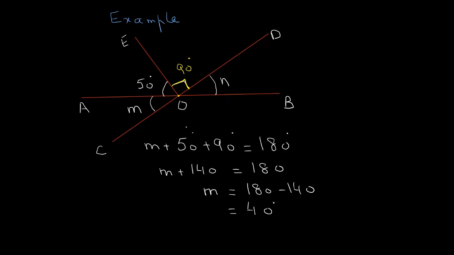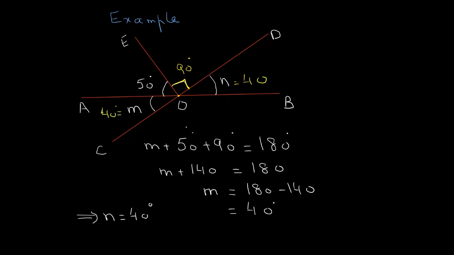Now please note m and n are vertically opposite angles, which would imply that n is also equal to 40 degrees. And just as a check, let me write down what we have found out. n is equal to 40 degrees and m is also equal to 40 degrees.